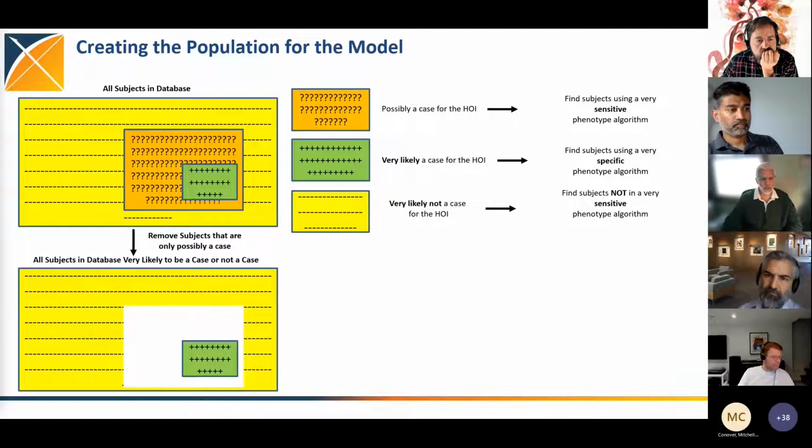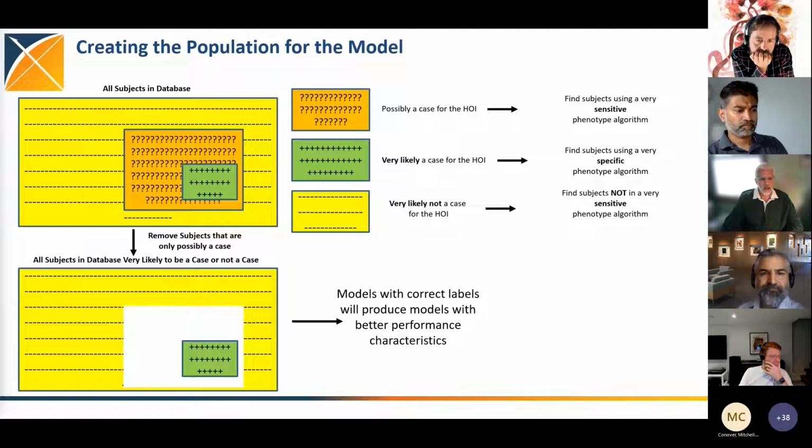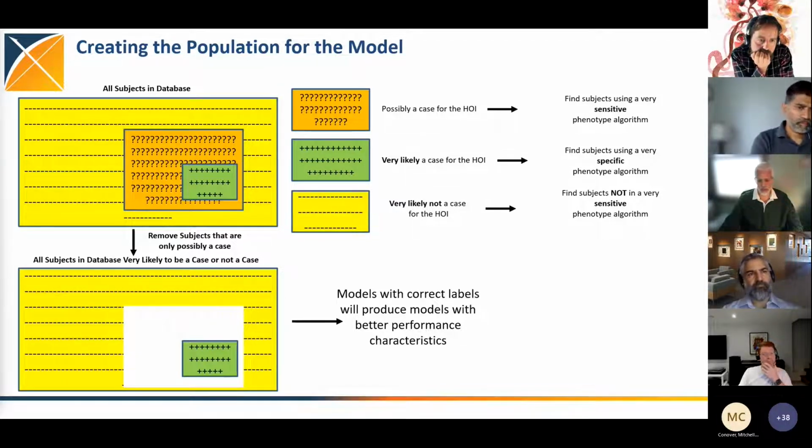So in the end, we ended up with something like this, where we have this cleaner comparison between the yellows and the greens. And now we feel that with this separation, we can correctly label the subjects who are in the model to be cases or non-cases, and we can get better performance characteristics.